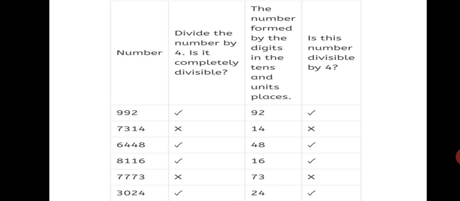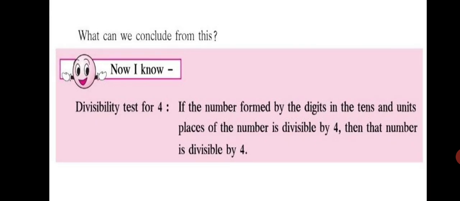After completing this activity, what can we conclude from this? Now I know divisibility test for 4 is if the number formed by the digits in the tens and units places of the number is divisible by 4, then that number is divisible by 4.